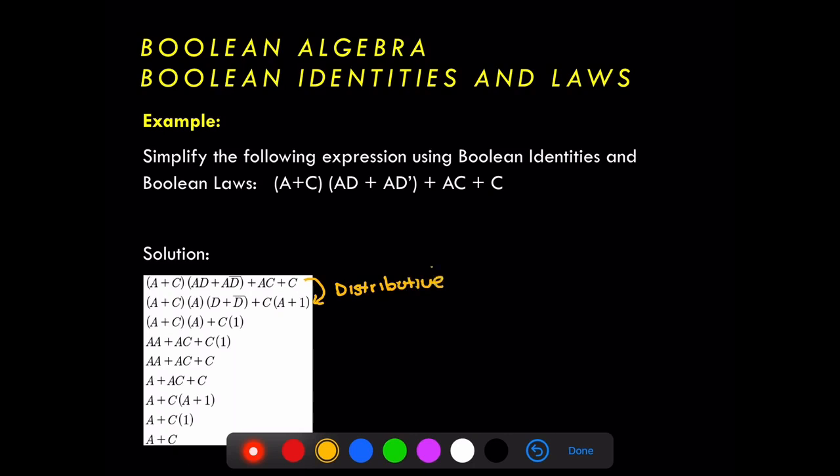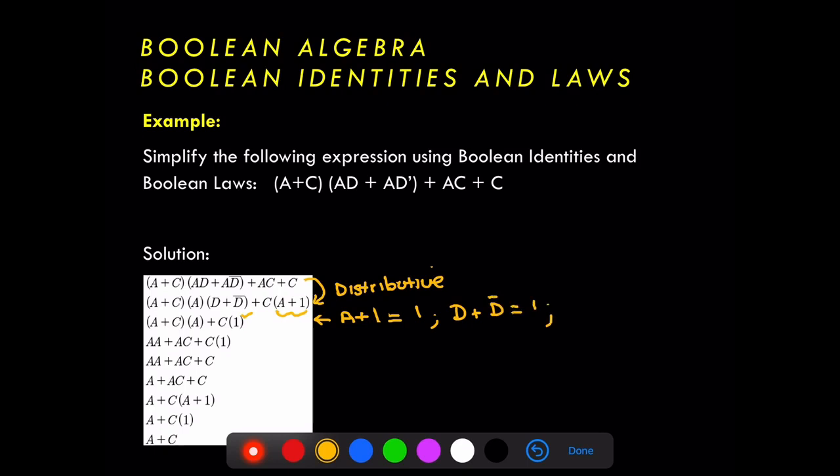Once we've done that, we can go ahead and notice that A or 1 is going to give us 1, which we've shown here. And we apply the other property that any variable ORed with its complement will also produce a 1.